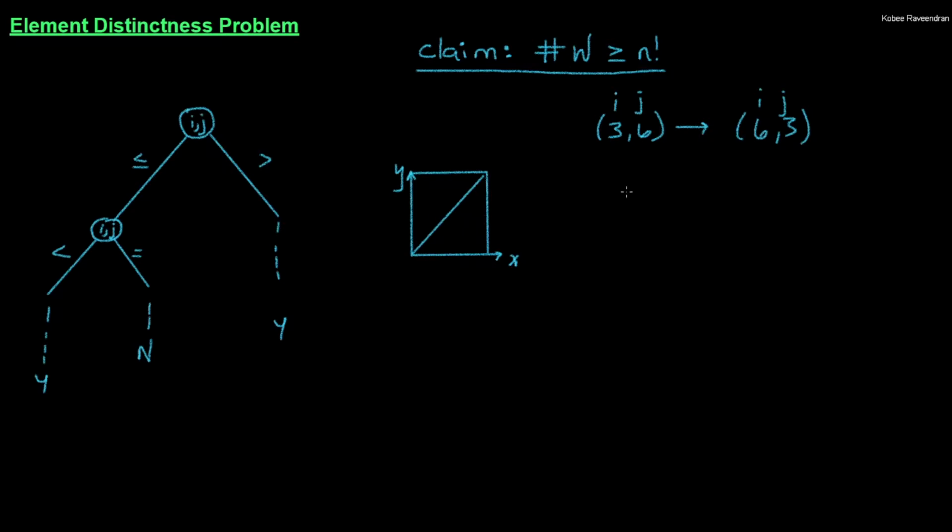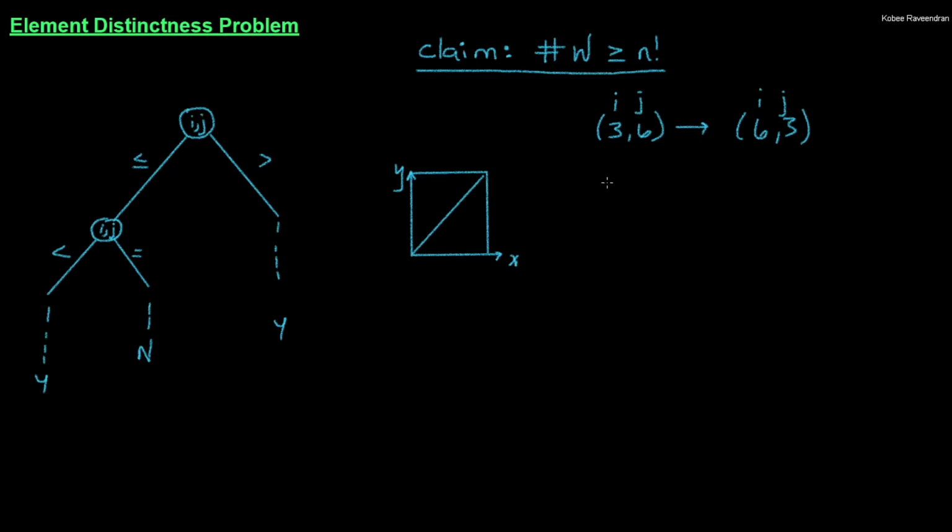So intuitively, as we thought about it earlier, what we're essentially saying is that for each unique permutation of the input, you'd need a separate component, right? Because as you go through the decision tree, they'd reach distinct leaves. That's what we want to prove. But in order to prove this, let's try claiming the opposite.